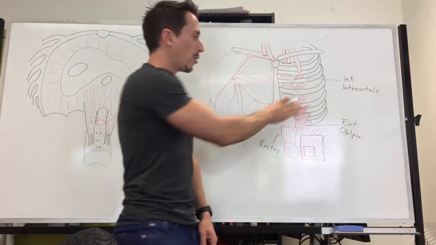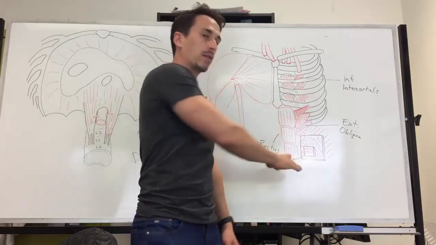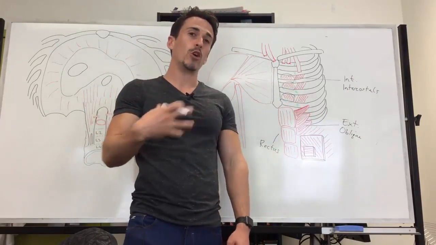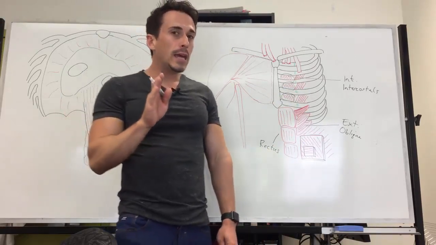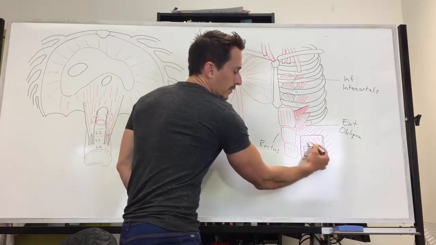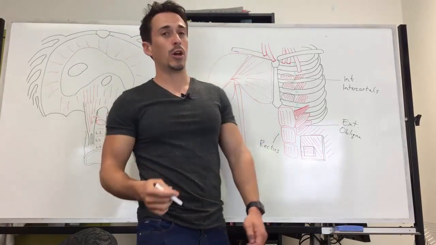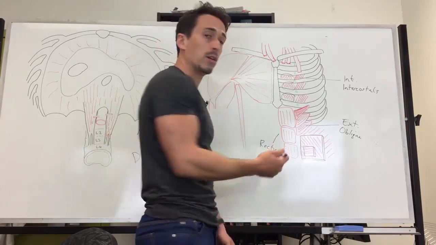Now going back to the oblique, we've got the external obliques, which I said attach to the lower 8 ribs, that's its origin site. If you go a bit deeper to the external obliques, you have the internal obliques, and you can see again the fiber moves in the opposite direction, and they're actually attached to the lower 3 ribs.